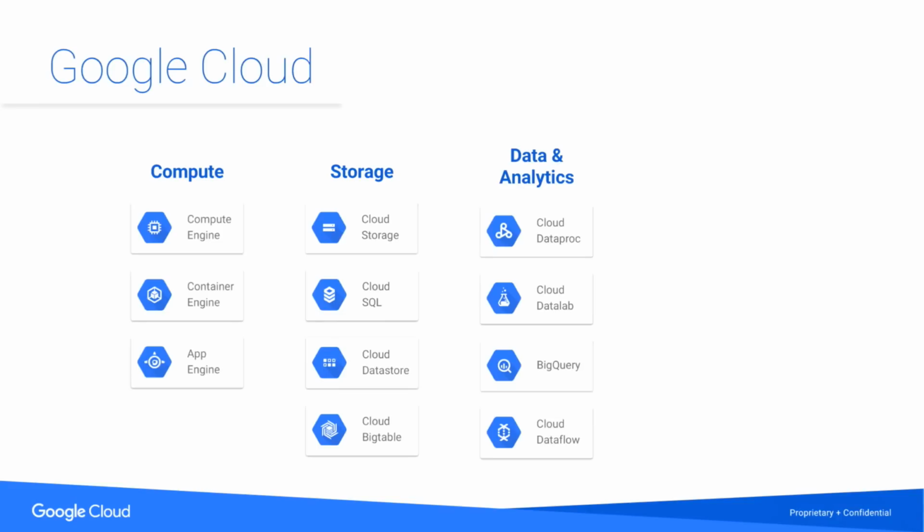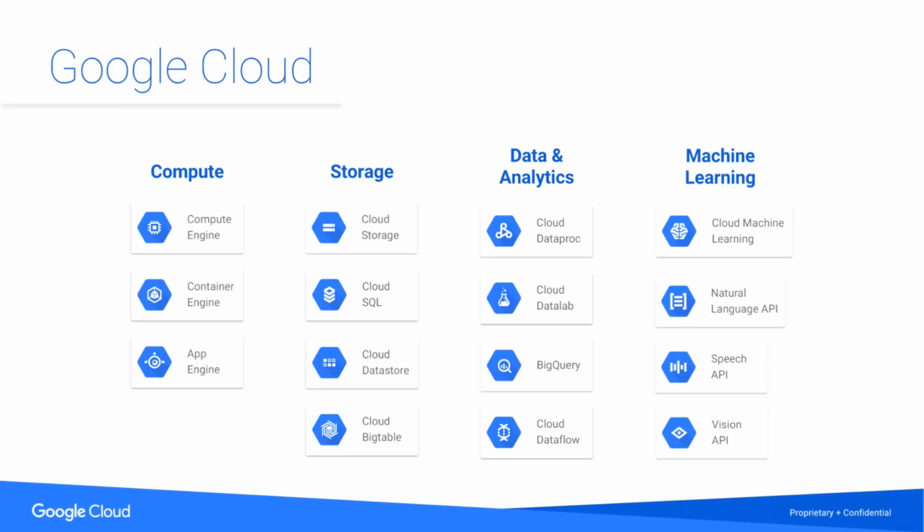And then we have some data analytics products, Dataproc, which you will have heard about this morning. Oh no, that's to come, I think. So tune in for that. And Cloud Datalab, which is our managed Jupyter notebooks, and BigQuery and Cloud Dataflow.